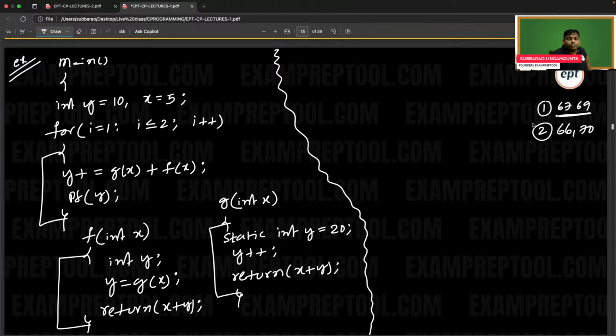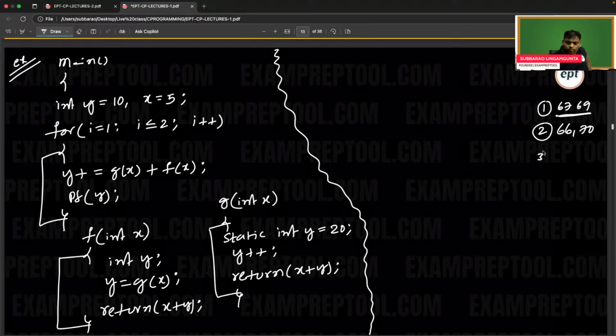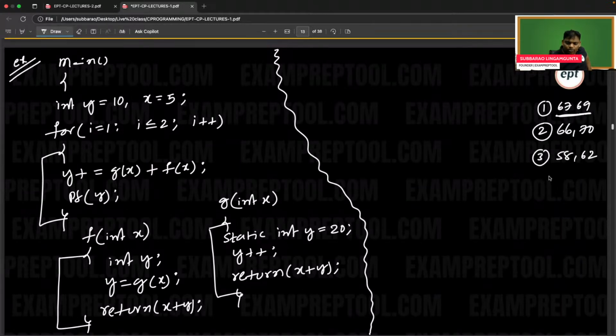Make it fast, yaar. Ayush is saying 58, 62. Maybe, let's see. I don't think so. That is also no. Fourth one.